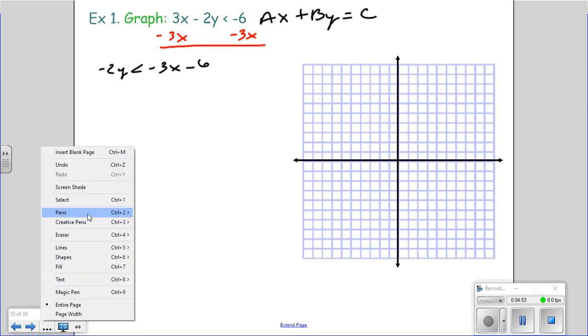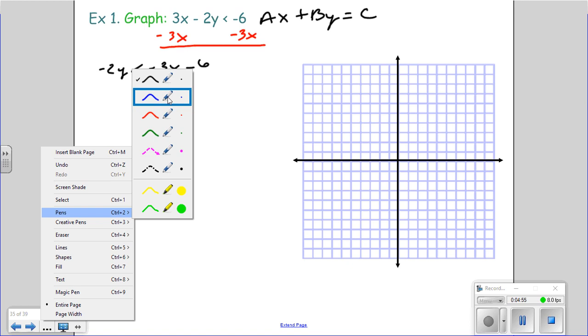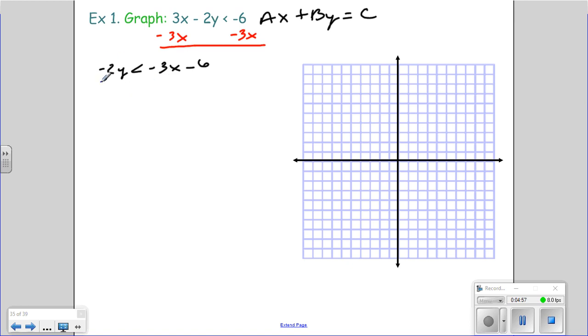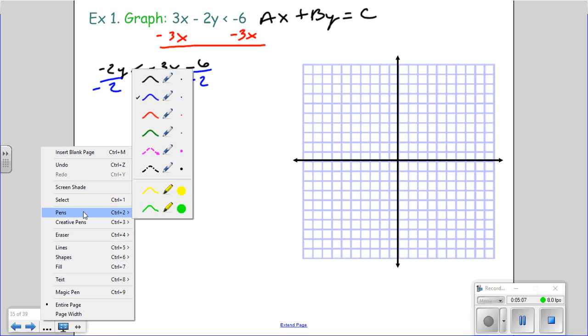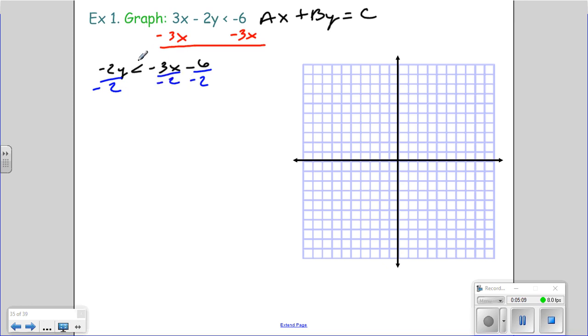Next thing is we have to divide all parts by negative 2. And remember, when you're dividing by or multiplying by a negative, the inequality sign changes. So this sign flips the other direction because I divided everything by -2.